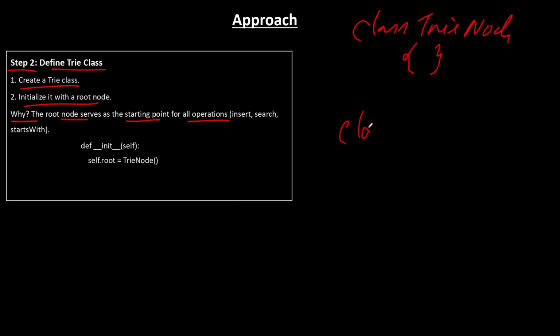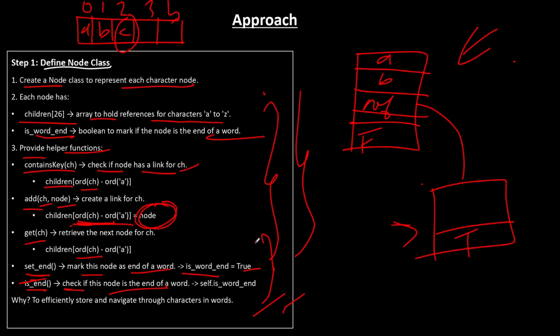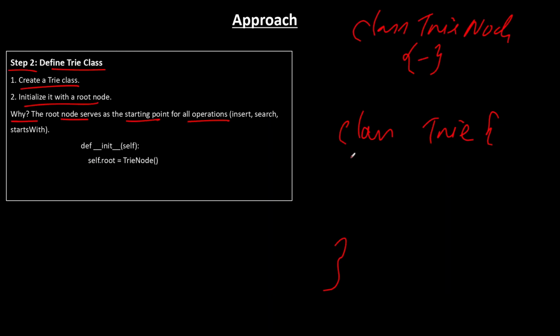Now this is the main class Trie, which will be calling all the previous functions which we declared here. And the starting root node, if you can see, TrieNode is created here: self.root = TrieNode. So somewhere we have to start, right? So this is the starting point.